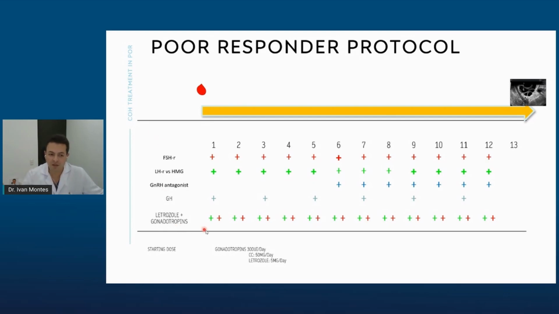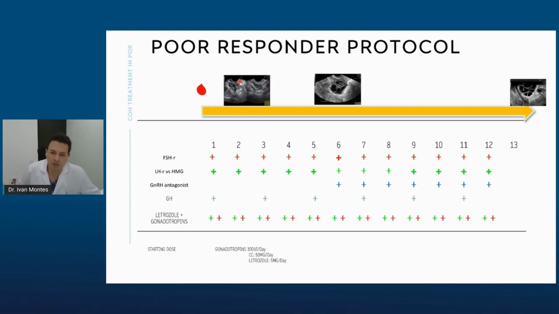And this is an antagonist protocol, so we're going to do an ultrasound when we begin the treatment, and then another ultrasound between the 5th and the 6th day of treatment, where we can see the leading follicle that is around 14 millimeters. If we can do that ultrasound, we would start the GnRH antagonist on the day that the leading follicle is 14 millimeters or above, not before.